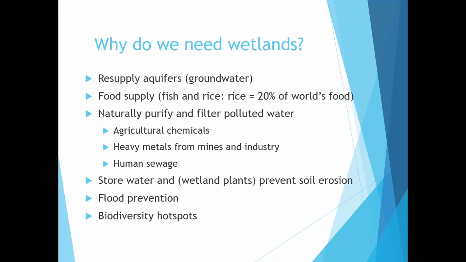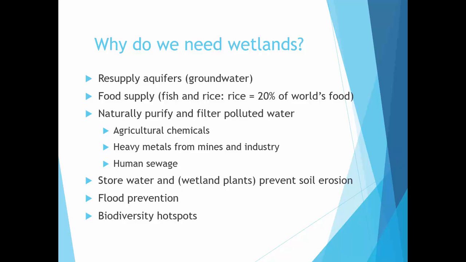Wetlands provide flood prevention because they act like a sponge whenever there's a big water or storm system that comes through and there's a lot of precipitation. The wetlands can absorb some of that precipitation so that it doesn't fan out, to make a river jump its banks. Instead, that water can get funneled into wetlands, and then it prevents floods.